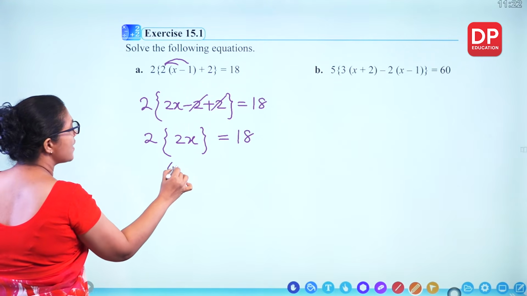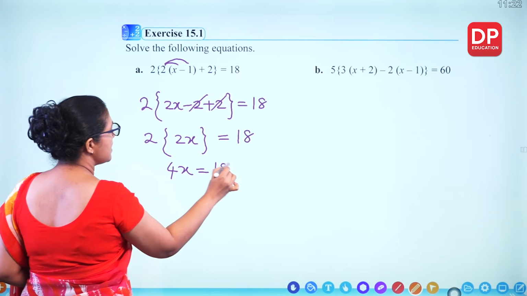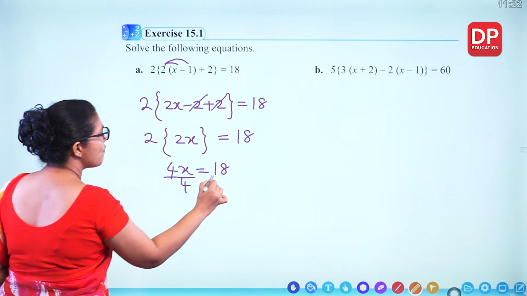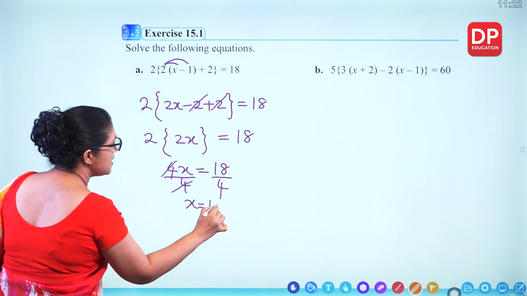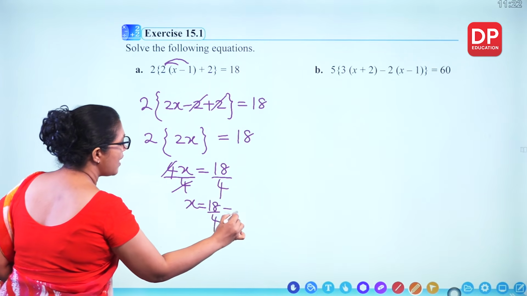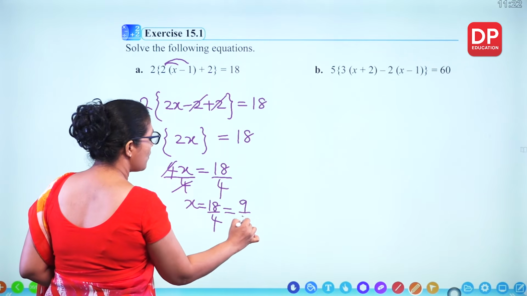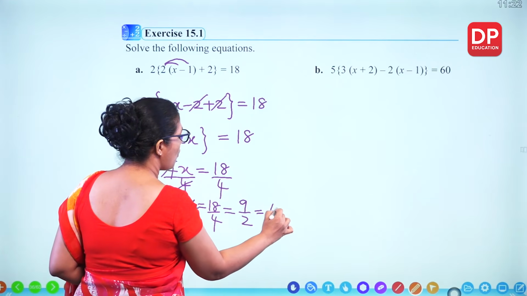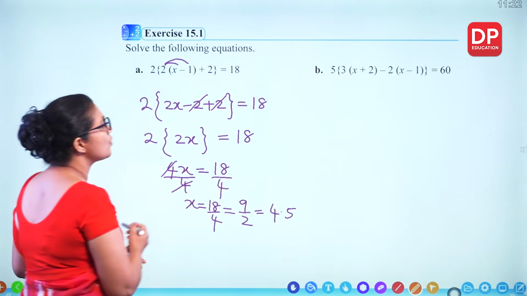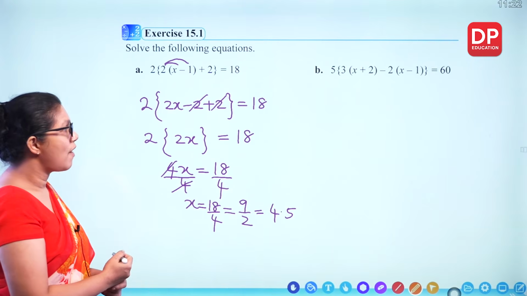So you get 4x equals 18. Divide this by 4. What's the answer? x equals 18 divided by 4. Divide this by 2. 9 over 2. You get 4.5. So the x value is 4.5.